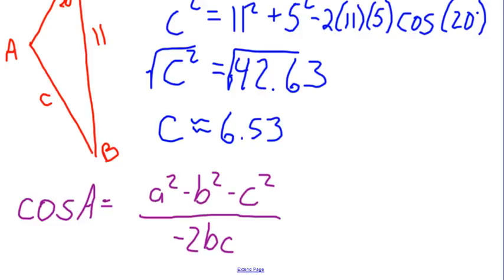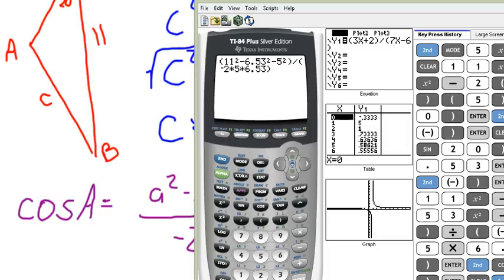So if we take our law of cosines and isolate cosine of A by itself, we could rewrite that formula to get a squared minus b squared minus c squared, all divided by negative 2bc. So now if we plug in the known values for a, b, and c into a calculator, you type that in, simplify, you get this nice looking number.